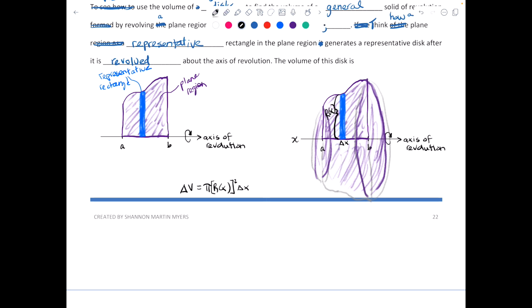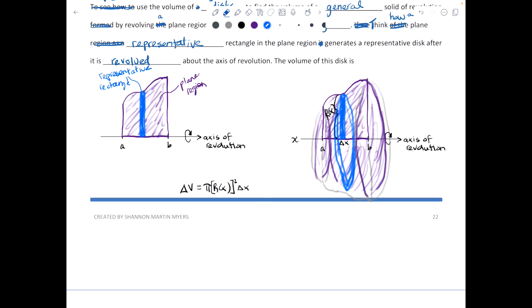All right, and then a single disk, right, would be like this. You'd have this single disk going around to that other side, and you'd have your representative disk.